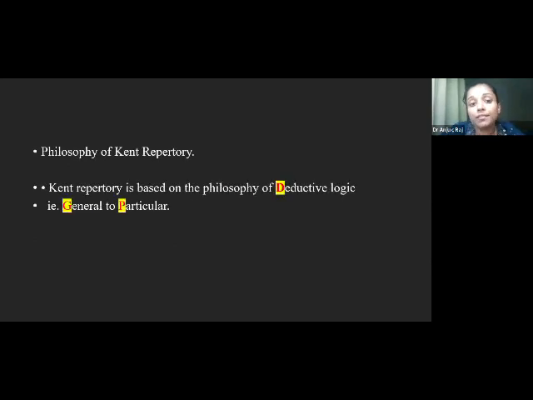Next, we go into the philosophy of Kent repertory. Kent repertory is based on deductive logic, that is, general to particular. In the exam hall, we will be under a lot of pressure, so the basics may be forgotten. So you can remember Kent repertory by DGP: deductive logic, general to particular. Then you won't forget.